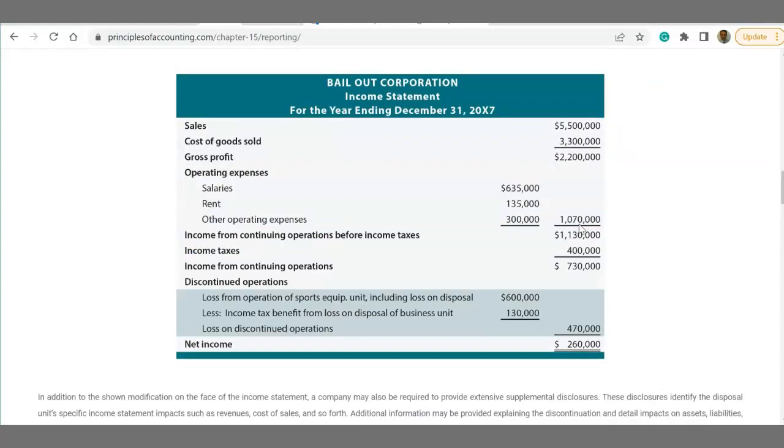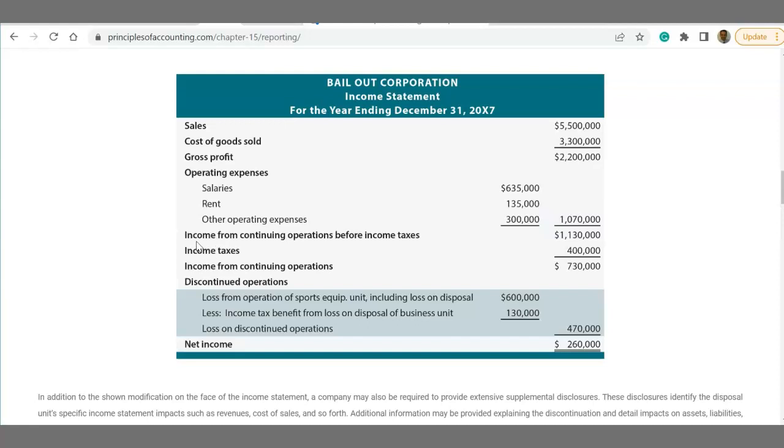And you show the total in here, 1.70, and then you show income from operation, not continuing operation, but just operation, income from operation, 130.